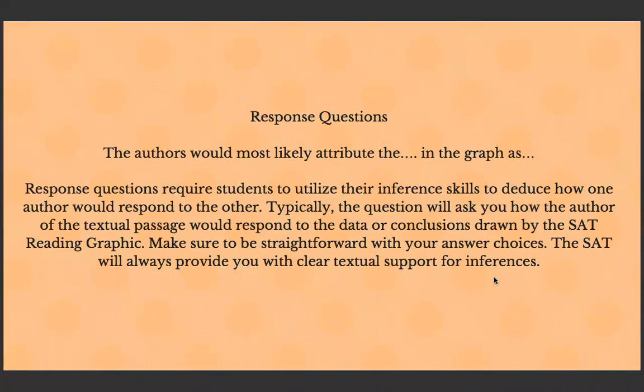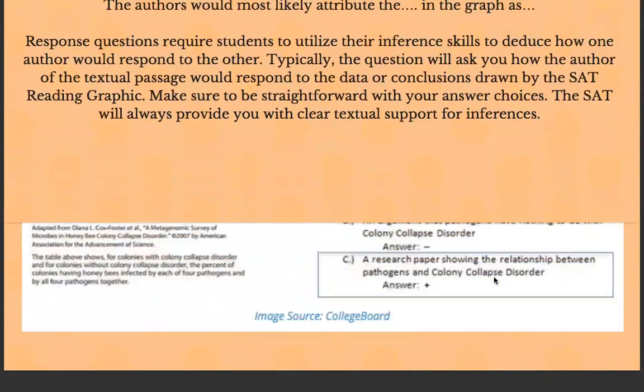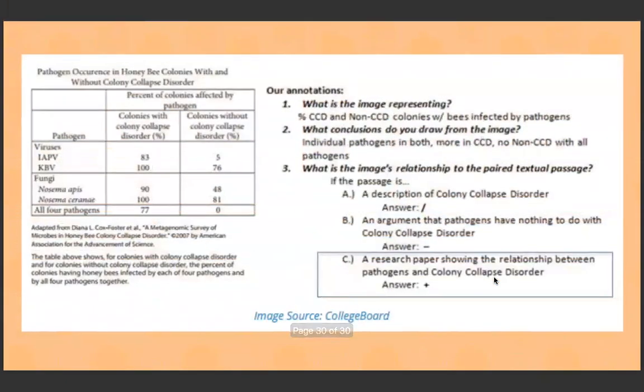And what are they most likely to interpret from this particular graphic is that colonies with the collapse disorder, the bees are highly affected with the collapse disorder when the pathogen is introduced.